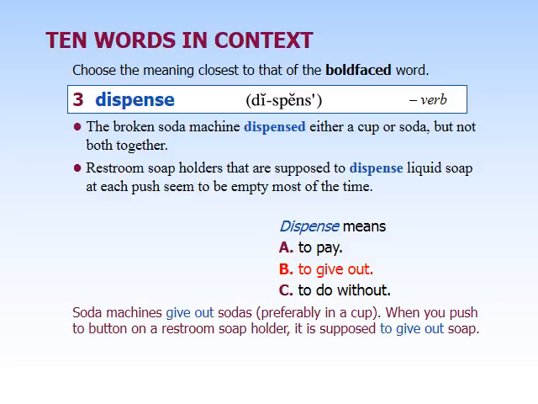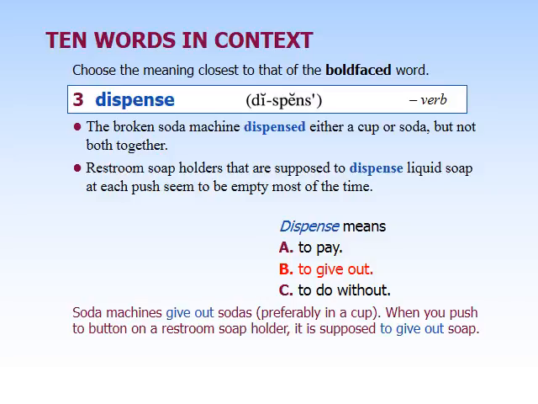So dispense can be used for physical things. Like in the first one, we say that this soda machine dispenses soda, but it's broken, but it gives out soda in certain amounts. In the second one, we're saying these soap holders, right? When you push the soap holder, a certain measure of soap will come out.